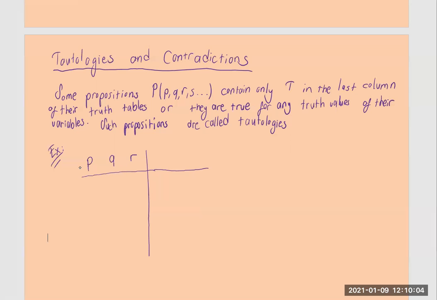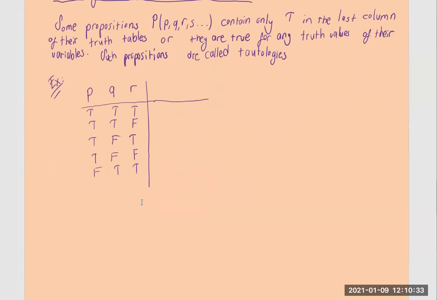So we will have on the right side true, true, true; true, true, false; true, false, true; true, false, false; false, true, true; false, true, false; false, false, true; and false, false, false. So we can separate here as 4 and 4.